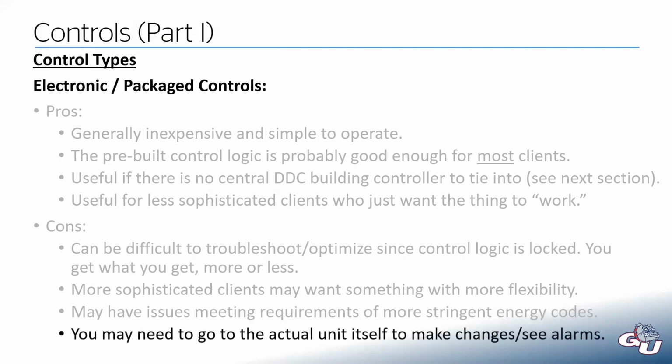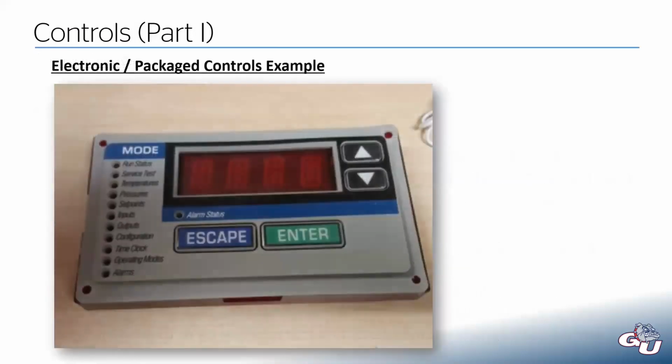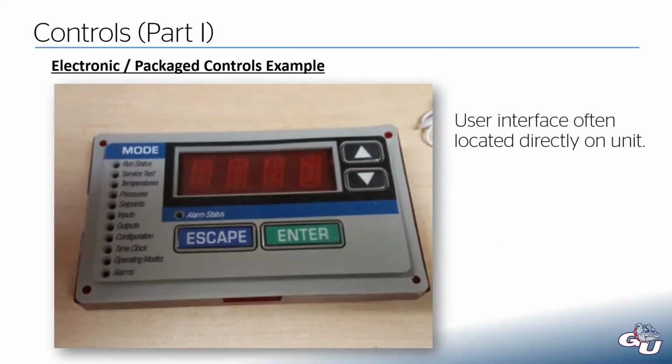And you might need to go to the actual unit itself to either make your changes or to see if you have any alarms that are going on at the unit. This is an example of what that interface might look like. So this little display here would be right on the unit itself.